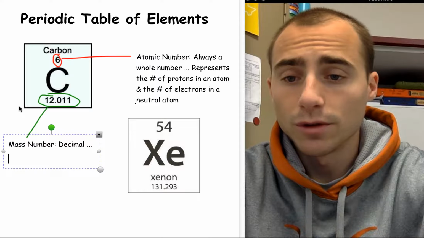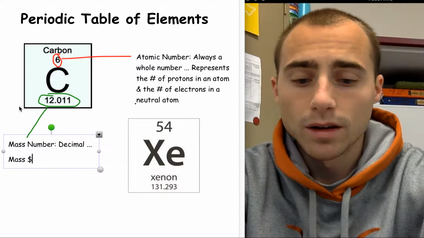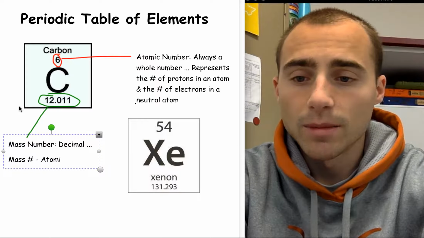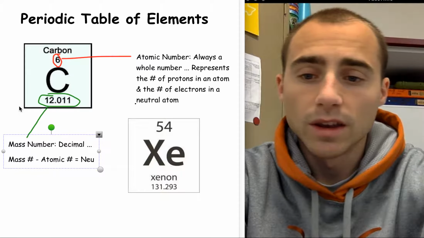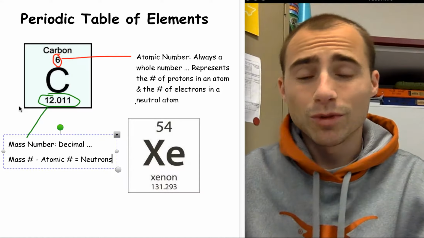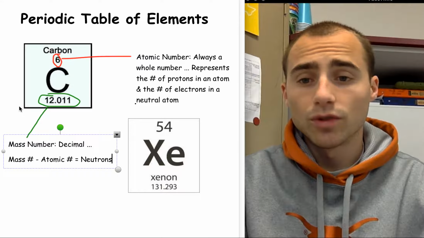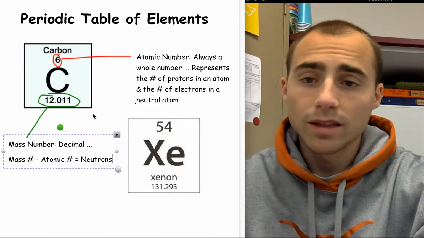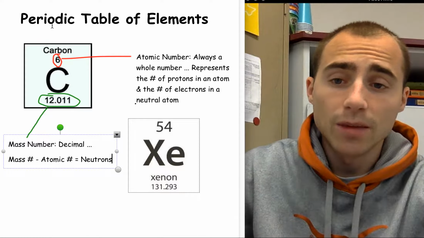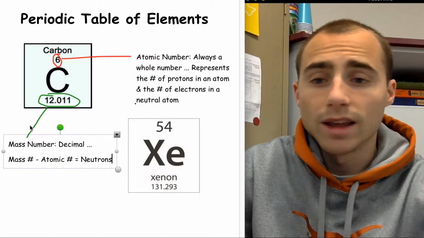But it's also useful for our immediate purposes because when you do the mass number minus the atomic number, you get the number of neutrons that are in an atom. So the 3 different subatomic particles in an atom are protons, electrons, and neutrons, and this element on the periodic table tells us how many subatomic particles are in each element.